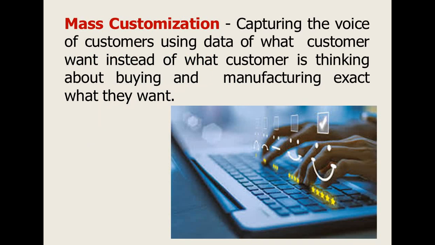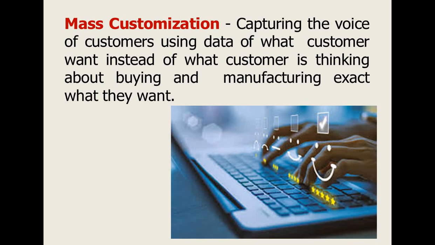Next one is mass communication. This is the feedback which is got from the customer without the knowledge of the customer. That is, whatever data they are using, right? On the internet they will be searching for something. From that we use AI techniques.